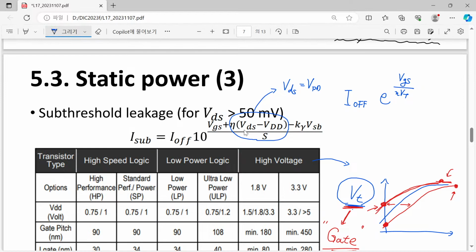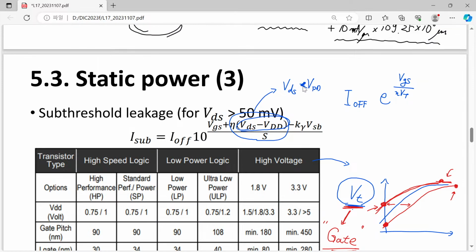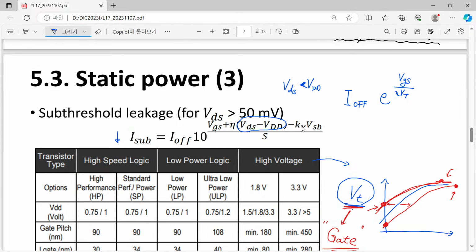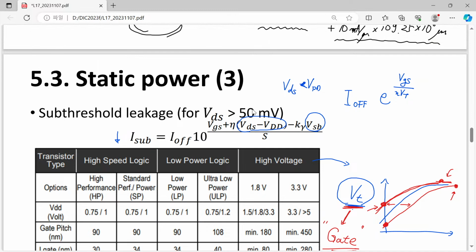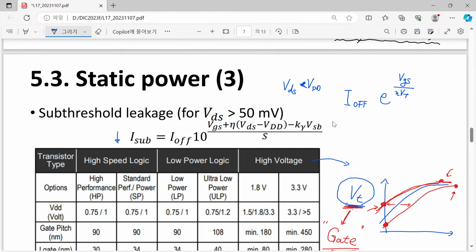In this case, this difference becomes just 0 and has no impact. However, if VDS is lower than VDD, then our leakage current will decrease. Now it will be a negative number and it will give us a slightly reduced subthreshold current. And here we also have the body-to-source voltage, so that will also be considered here.